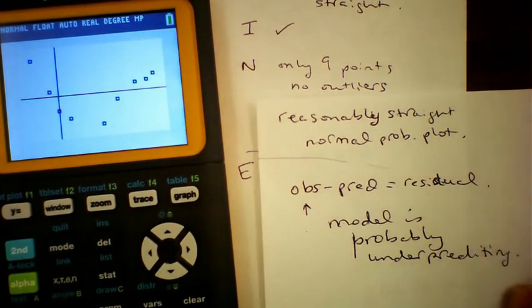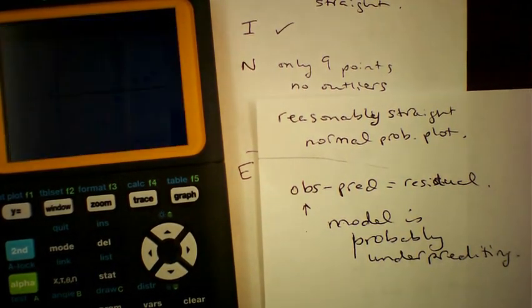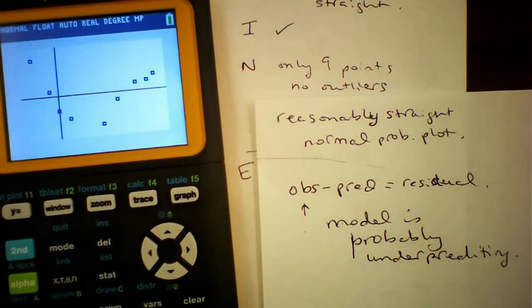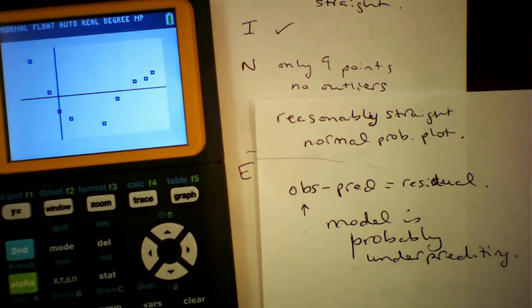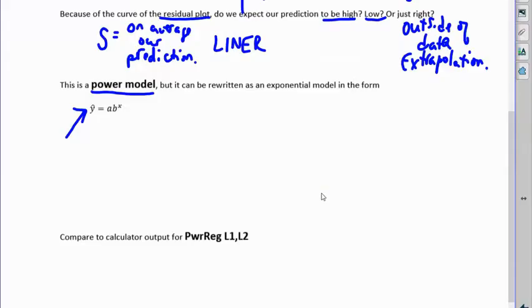This curve tells us that the residuals aren't showing that equivariant scatter. So there's definitely some kind of an issue with the prediction of our model. Wraps that up. We did the LINER. We looked at it. We saw that sometimes models aren't perfect, but they can still be pretty good tools for use in the real world.